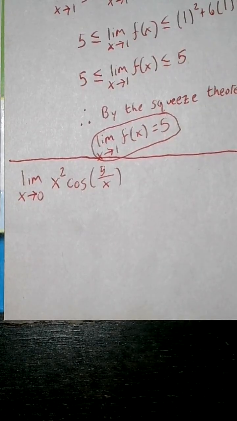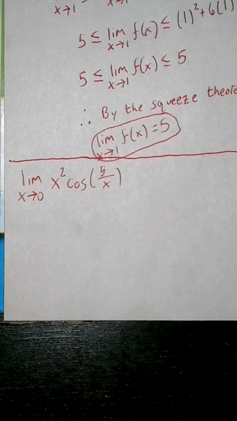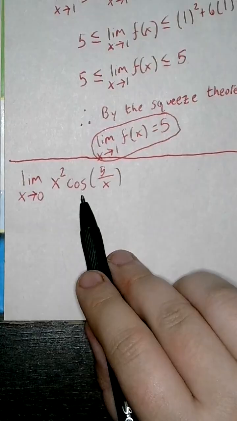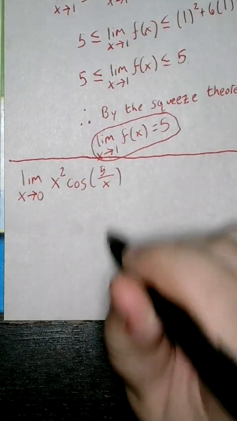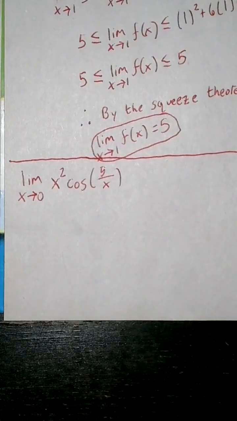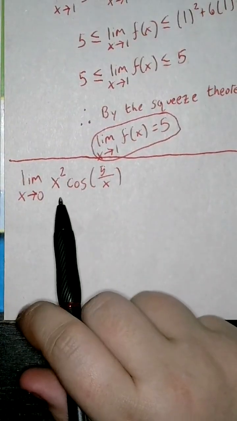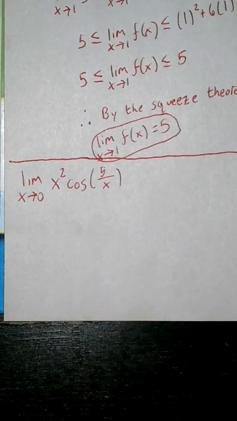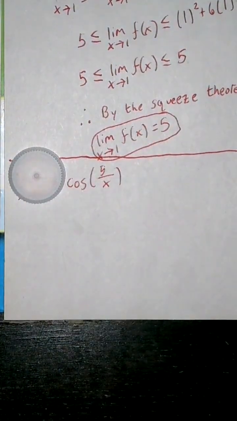So, cosine is an interesting function because, like sine, well, first off, we know that x squared is unbounded. Is cosine bounded? And if so, what are its bounds?